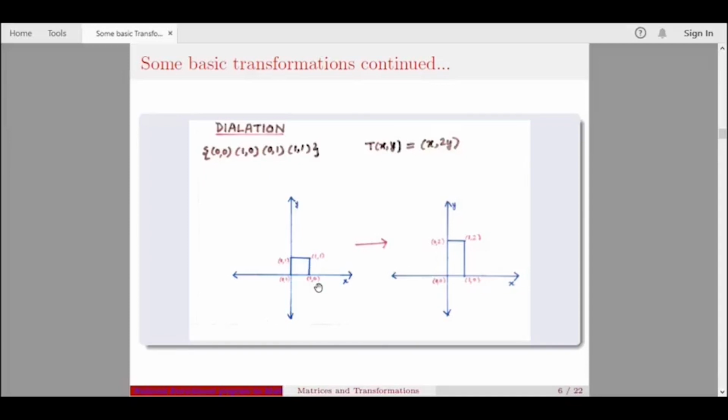The image of (0, 1) under this transformation will be (0, 2). So this is the point (0, 2). The image of (1, 1) will be (1, 2). So this square becomes a rectangle. Here the shape is similar but the size is different, so area and distance are not preserved.